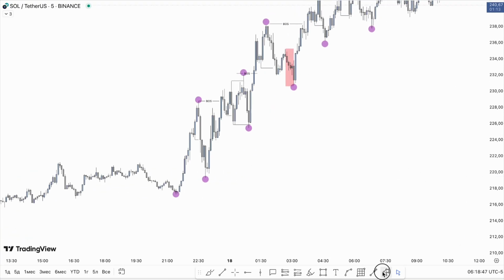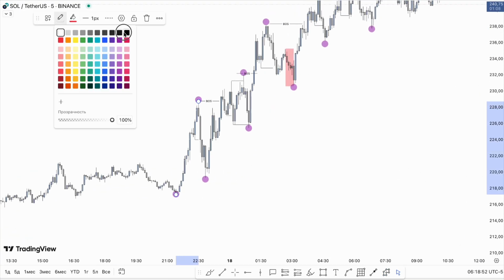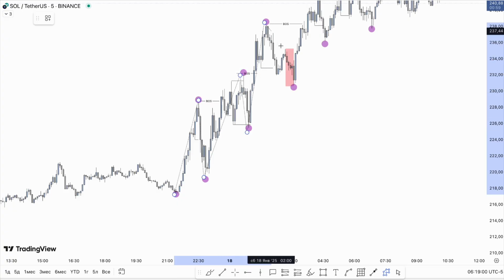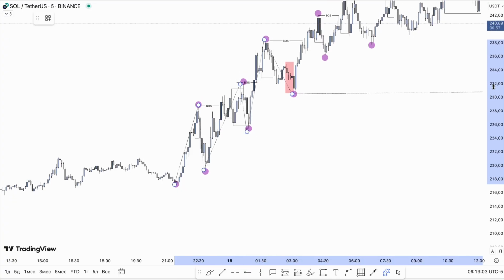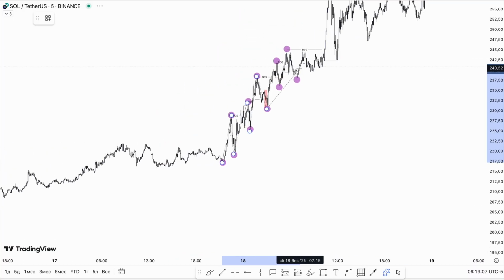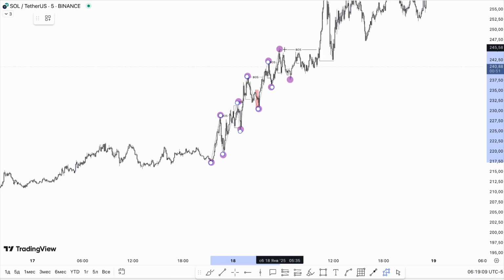Let me show you how it looks here on the chart. That is, all these points are your main structure, which you use on the chart. All these points, it's all one movement.